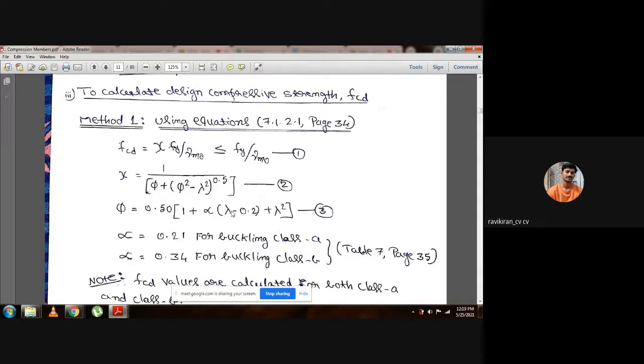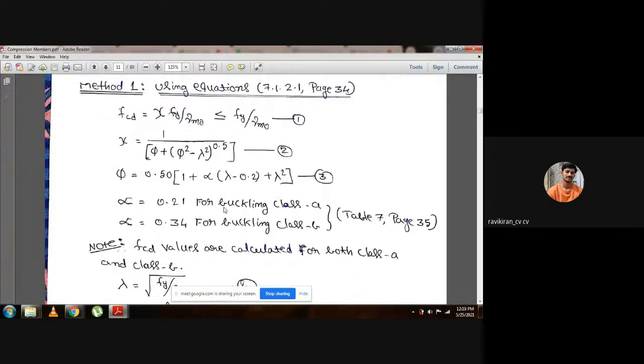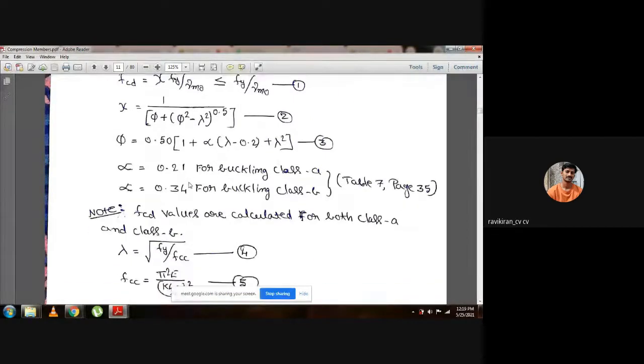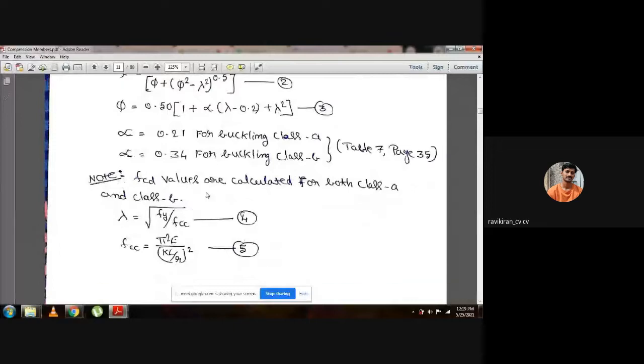So FCD is equal to Fy divided by gamma m naught. You can go with these formulas to find out the design compressive strength, or the FCD value can also be calculated using buckling class.